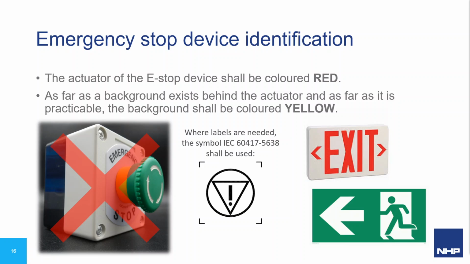I use the words suggestion and recommendation as the text in the standard is provided as a should and not a shall. So the issue of labeling is not a strict requirement, but it is a fairly strong recommendation to move towards the practice of using symbols instead of text. The preference is to have no labeling and rely on the colors and symbols to indicate the emergency stop function.